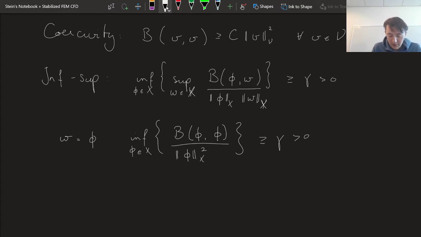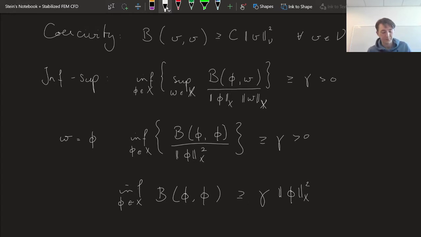So I can multiply both sides by what's under the division here, and we get that the infimum of phi in x of b of phi comma phi has to be larger than or equal to some constant times the norm of phi in x squared. And that's precisely what the coercivity statement also says.